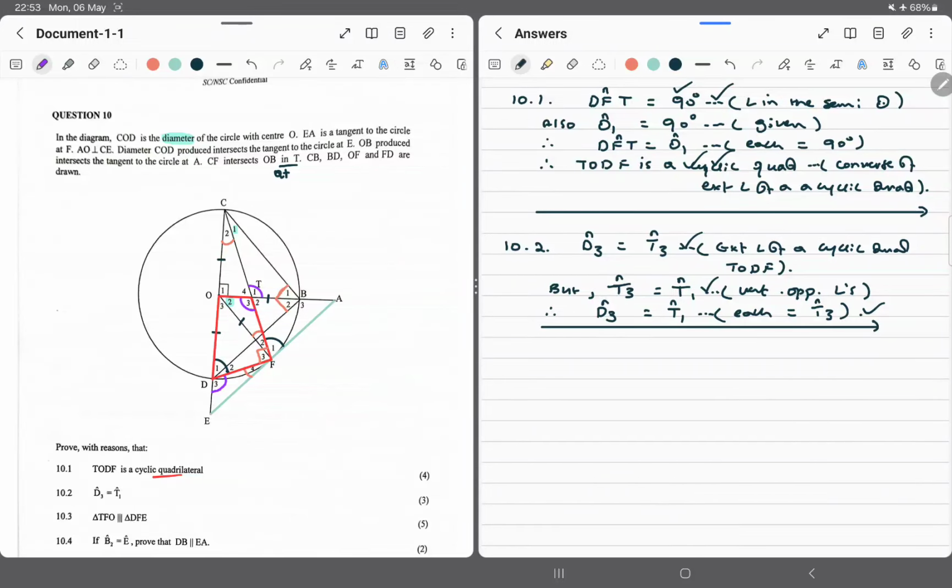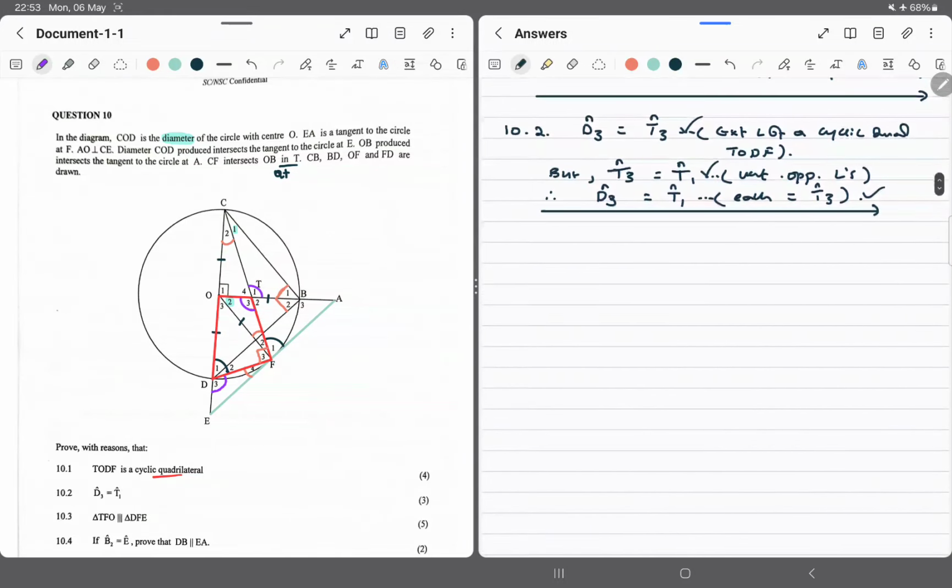Okay, guys. So that is proper stuff. 10.3 says we need to prove that triangle TFO, that yellow triangle there, is similar to triangle DFE. So there is our DFE.